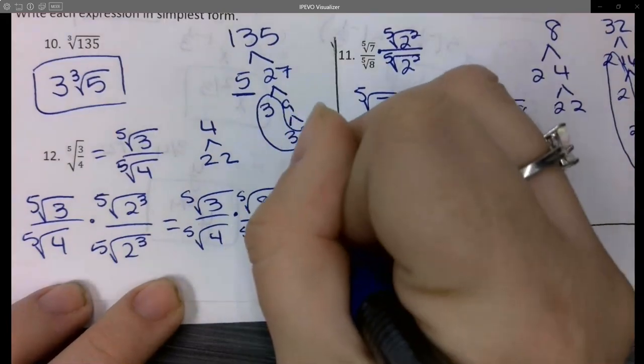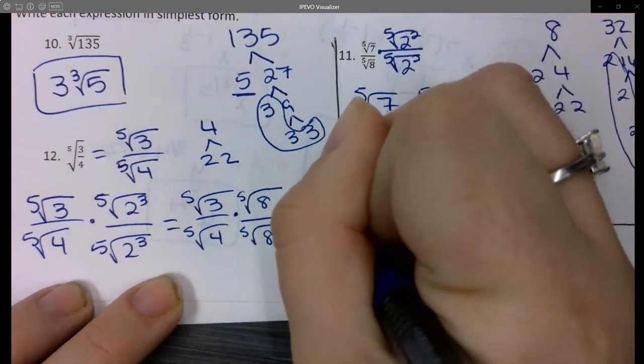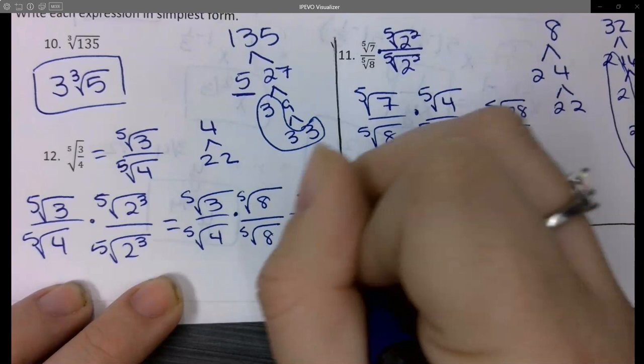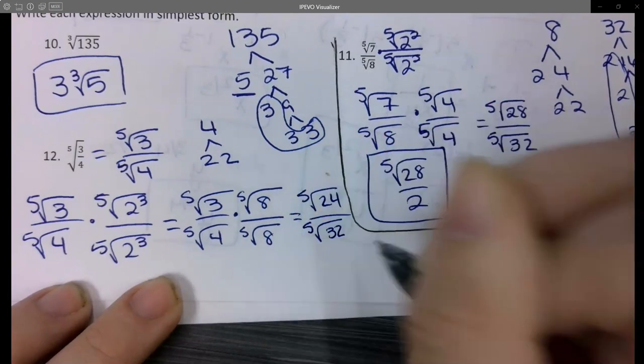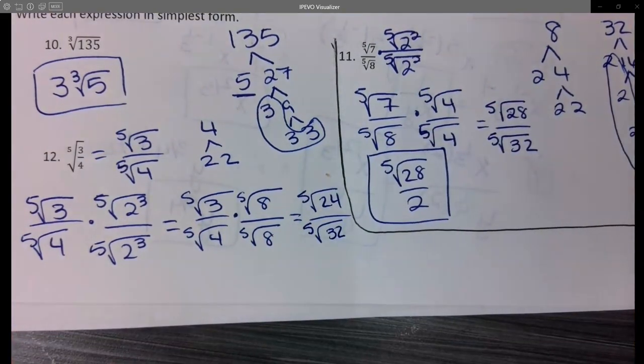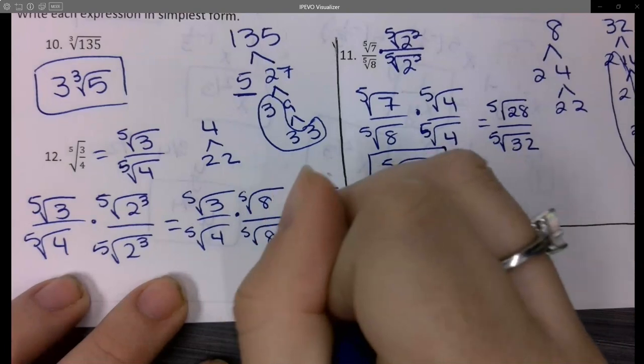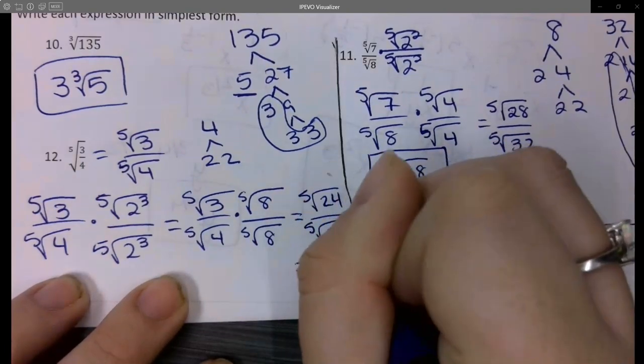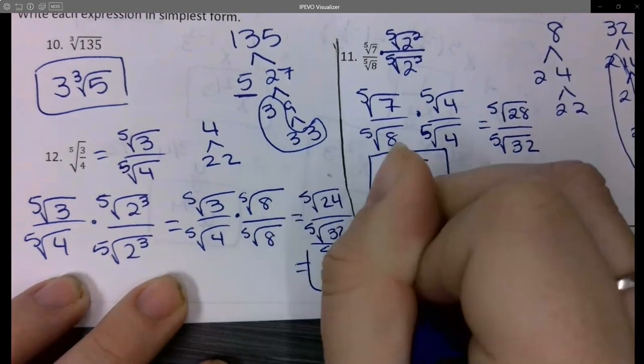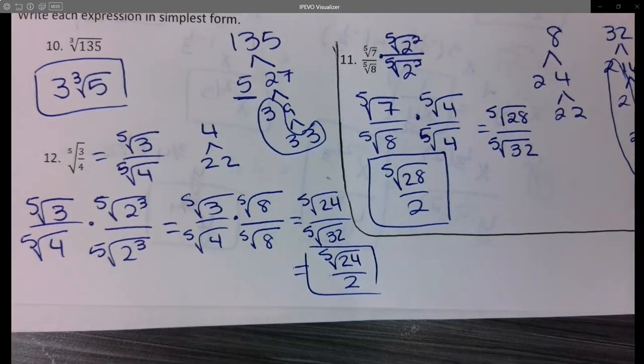So 3 times 8 is 24. And 4 times 8 is 32. Which, remember, we factor treed off to the side over here that's being cut off my screen. So I could just rewrite this as the fifth root of 24 over 2. Will you always factor tree the bottom?